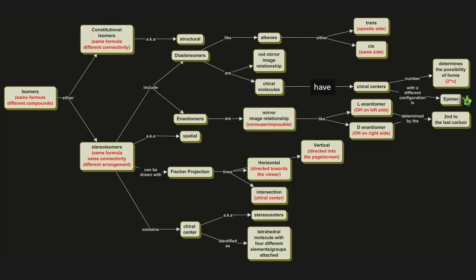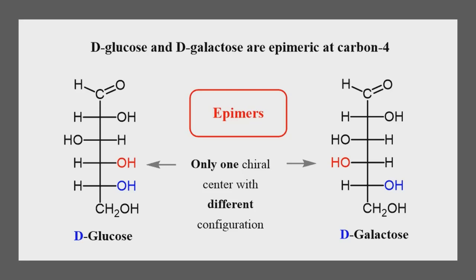For example, if there is one group that is attached differently in the configuration of one carbon atom, this is called an epimer. So an epimer actually occurs when, for example, one chiral center, such as the third from the last carbon, has a configuration of OH, and the other one is in the opposite configuration.